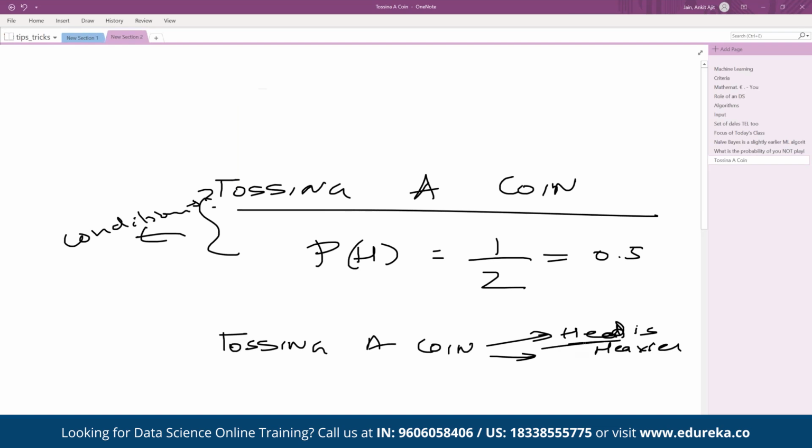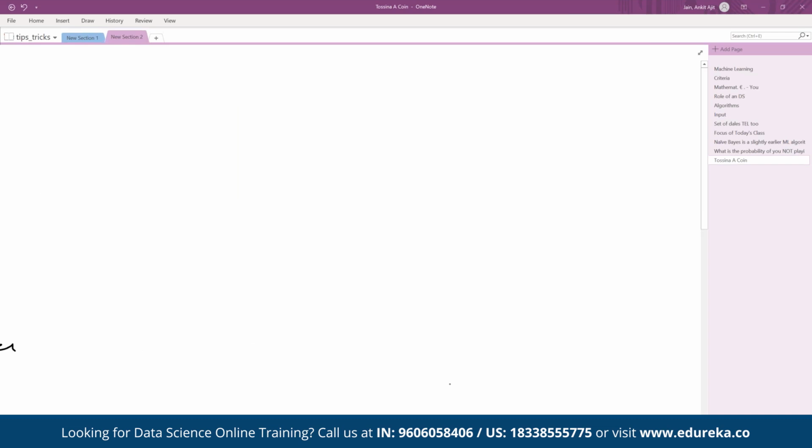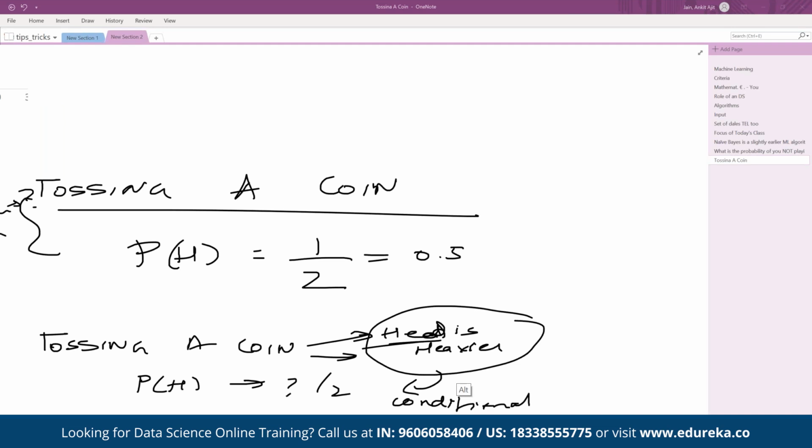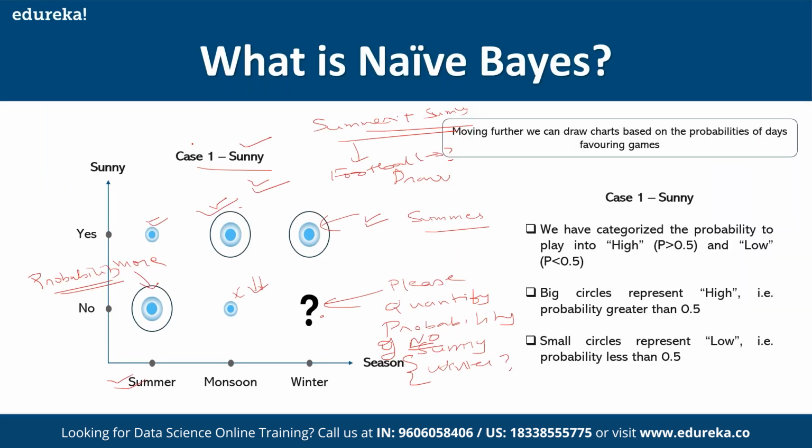That the head part of the coin I have made a little heavier. Some manipulation I've done. Now tell me what is the probability of head. This cannot be answered straight away by 1/2. You will have to look into this factor, right? This is a condition, right? Like in this case, what was the condition put? That it is sunny and it is winter.